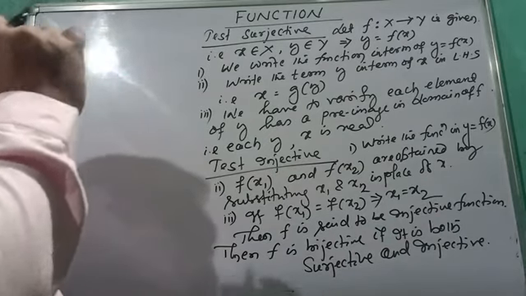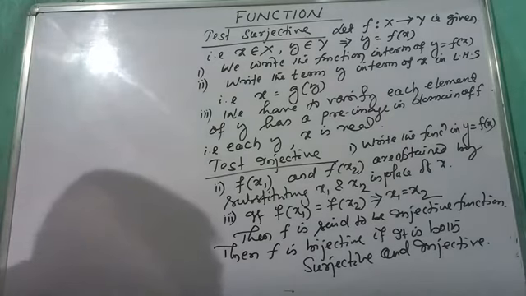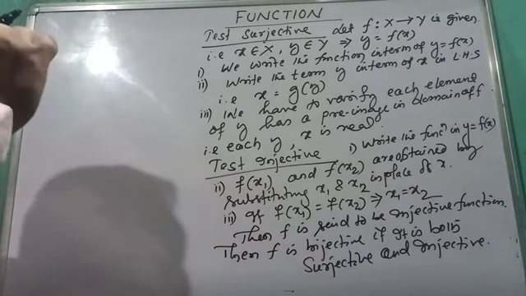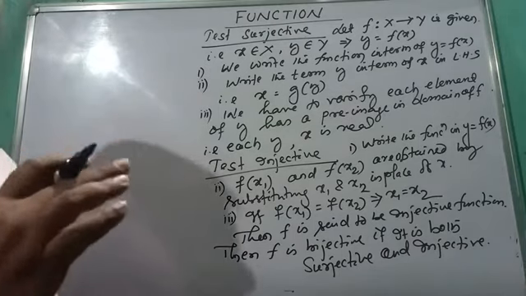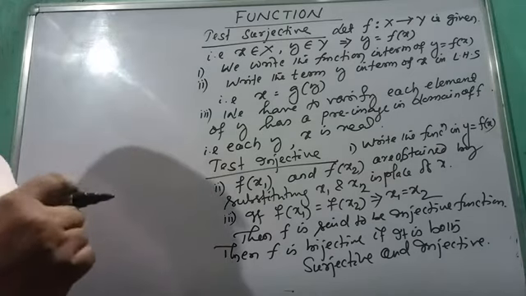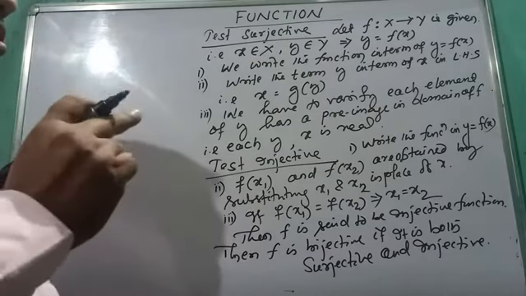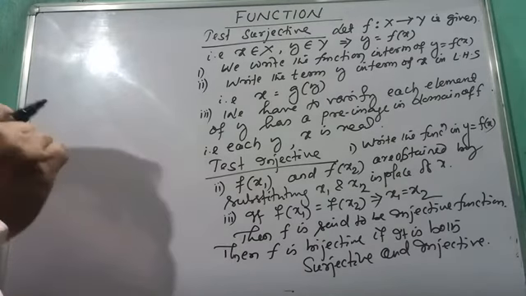This one is very important for this chapter, to test the bijective function. You have to verify first surjective, then injective. If both hold, then it is a bijective function. If any one of them is not satisfied, then f is not a bijective function. In the next video we will solve some examples here.